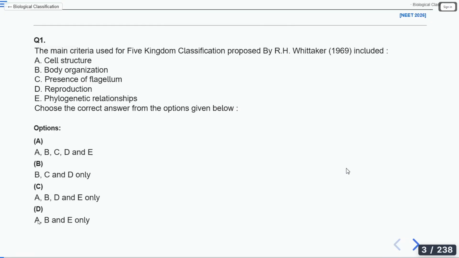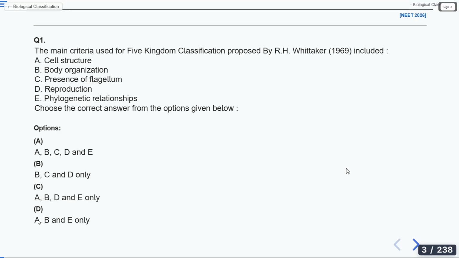So the first question: the main criteria used for the five kingdom classification proposed by R.H. Whittaker included cell structure, body organization, presence of flagellum, reproduction, phylogenetic relationship. Choose the correct answer from the options below.